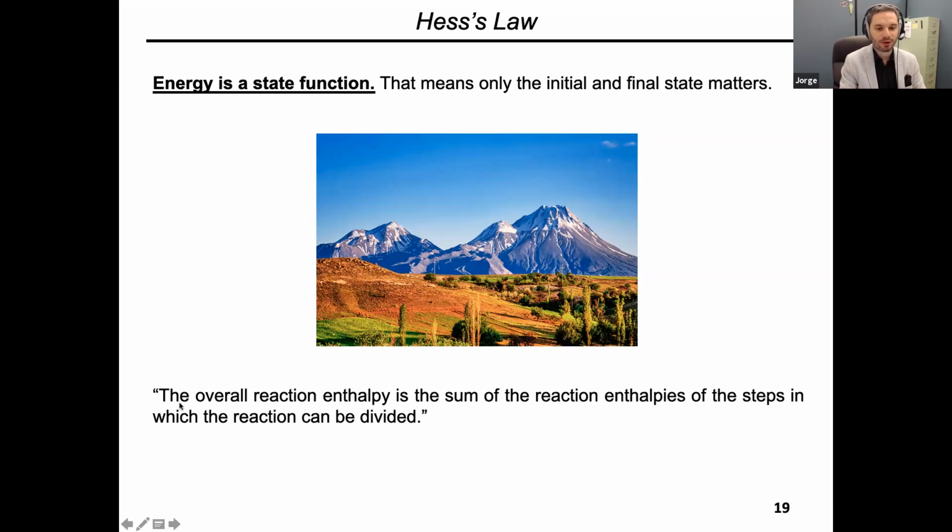Therefore, the overall reaction enthalpy is the sum of the reaction enthalpies of the steps in which the reaction can be divided. For the Hess's law, we are going to treat the chemical reactions as mathematical equations. So we can manipulate them in any way we manipulate mathematical equations.